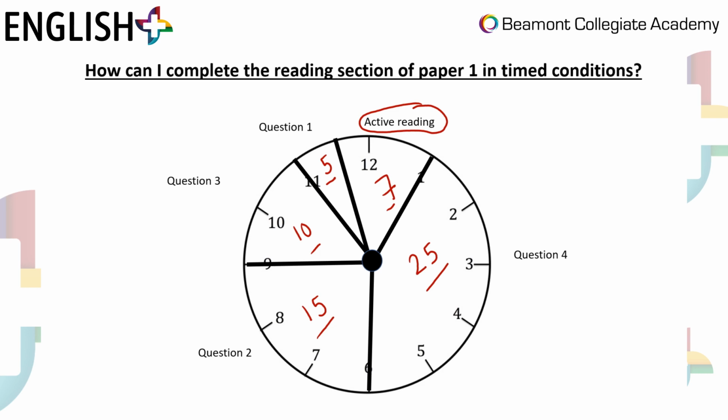Equally with your revision, you don't want to be practicing question 4s and taking an hour on them, because that isn't realistic. I would suggest that anything you bring to your teacher to have a look at, because I know a lot of you are doing that, should be something that you have taken a realistic amount of time on.